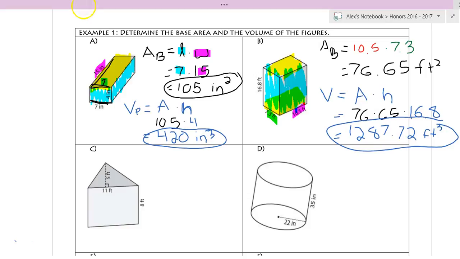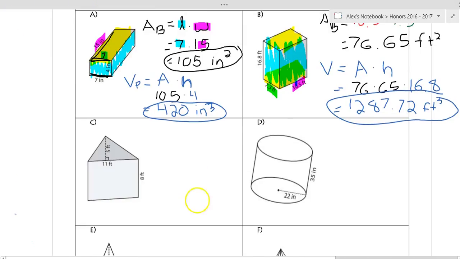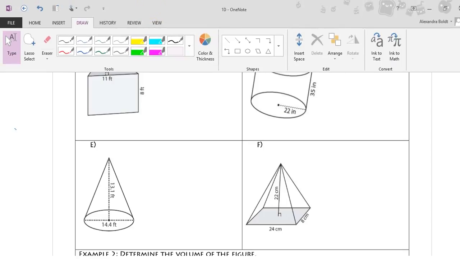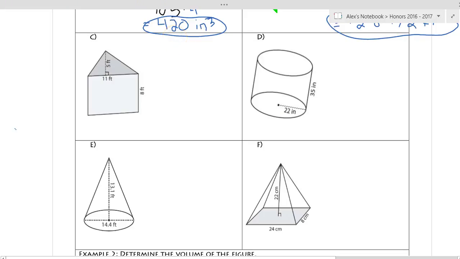All right, looking at C. Now this is a triangle. So the area of the base is 1/2 length times width, but make sure they're meeting at that right angle. I have that right angle here. So you have to use the pieces of the triangle that are meeting at a right angle.